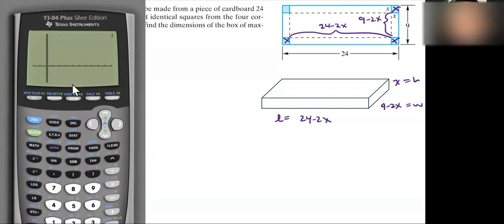Now I can hit graph, and I have something like this. Oh, I didn't get it all. Let's go back to here. That should have been 250, not 100, for my Y max. 250.